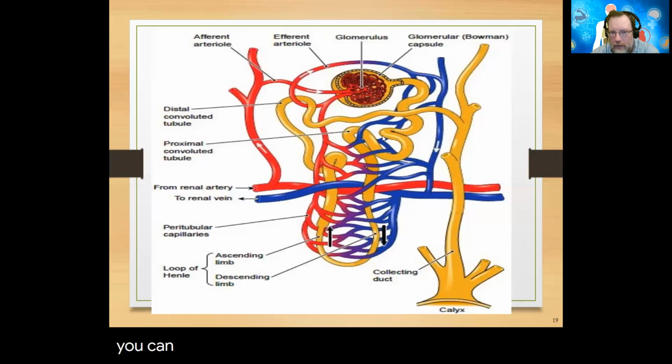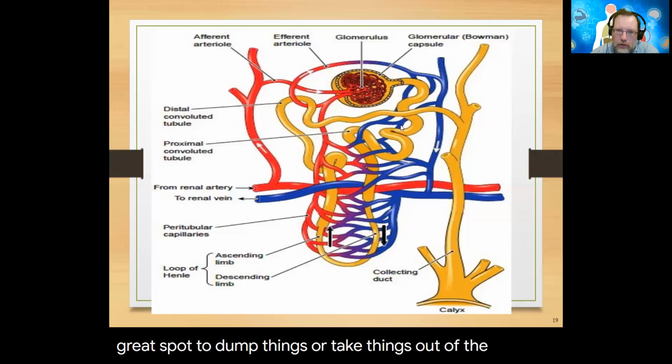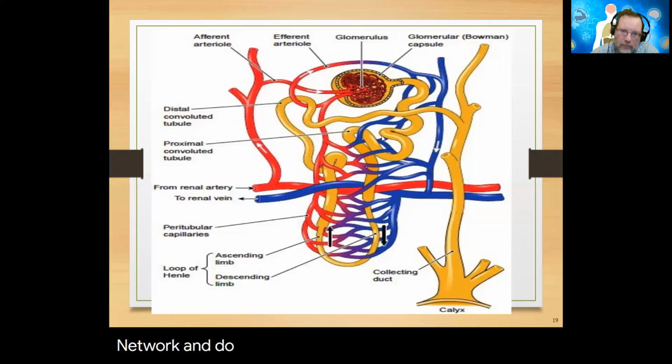You can see how it's illustrated here, that this end of the capillary network would be a great spot to take things out of the tubular network and dump them back into the bloodstream.